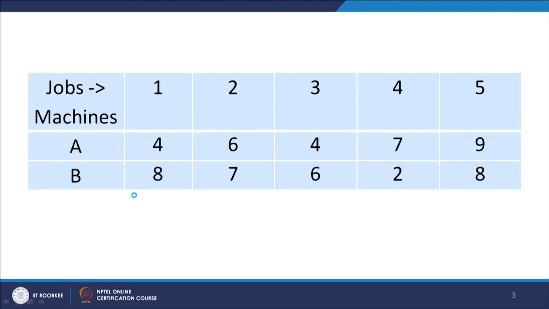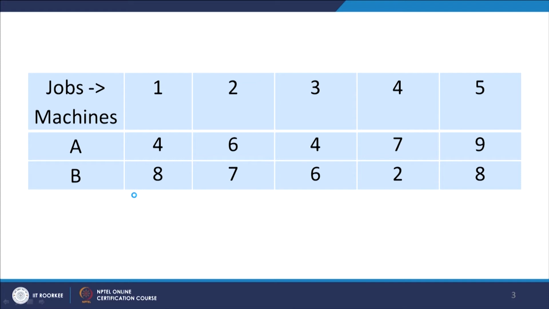Now, the data that has been given in the problem is that there are 5 jobs 1, 2, 3, 4, 5 and there are 2 machines A and B, and the time required for processing each job on each of the machines is given as 4, 6, 4, 7, 9 on A, and on B it is given as 8, 7, 6, 2 and 8.